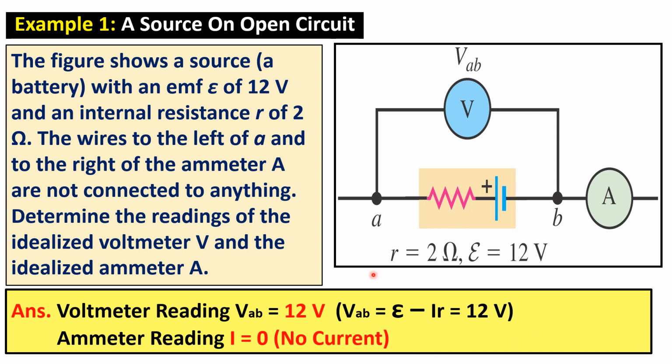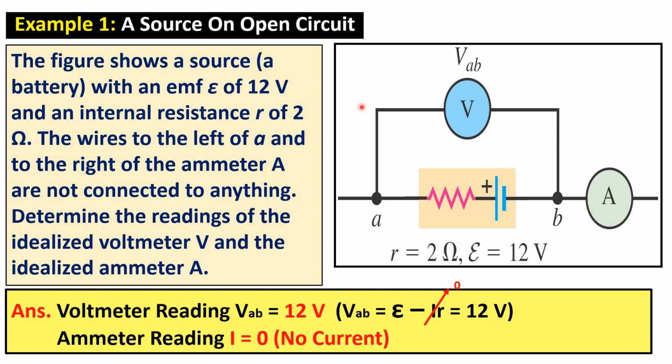The current is equal to zero, and therefore the terminal voltage of the battery will simply be equal to its electromotive force, or EMF, and that is equal to 12 volts. We take note that the product of the current and the internal resistance is equal to zero.